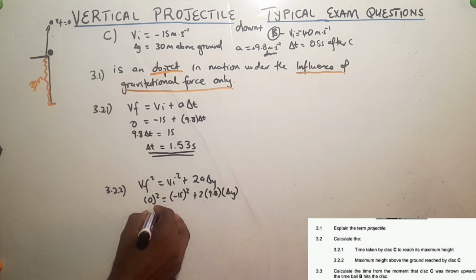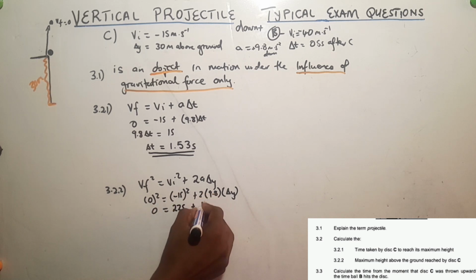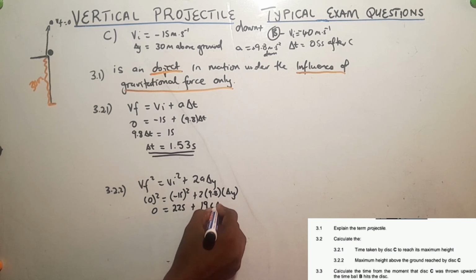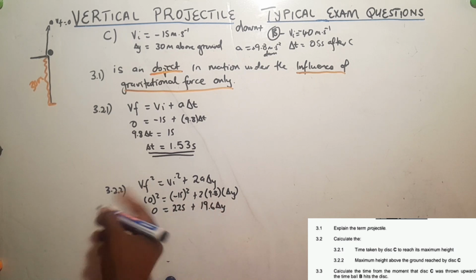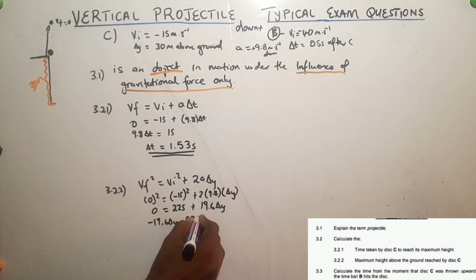So it means that now our 0 becomes, negative 15 squared gives us 225, and 2 multiplied by 9.8 is 19.6. So it means that this coming this side, negative 19.6, changing y becomes 225.